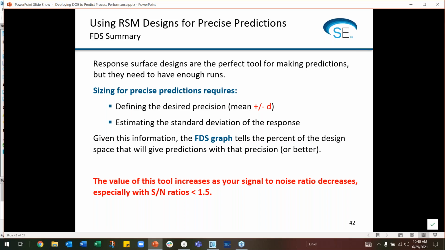You need to check it. You need to verify that your central composite or your Box-Behnken design or your optimal design have enough runs. If your signal to noise ratio is 1.5 or greater, then the designs usually have enough runs that they're going to be sufficiently large.